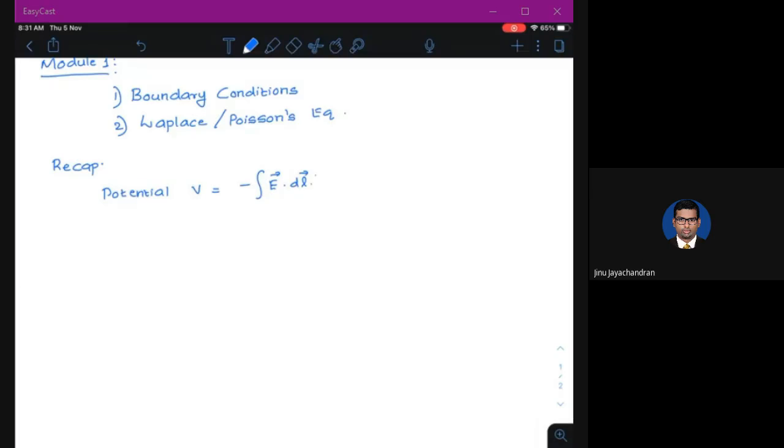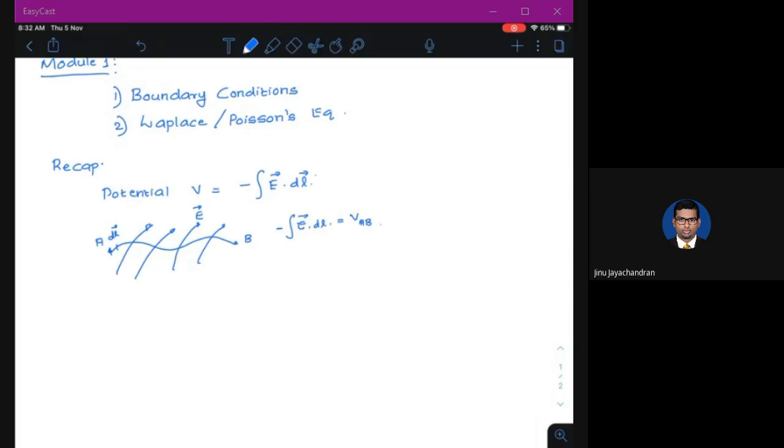Okay, and we said that if you have a path and there's a field crossing this path, and the path is from points A to B, if you want to find the work done in moving a charge from A to B, you consider small strips of length dl and you integrate the field E for each distance, E dot dl. And if the external field is doing the work, this will be a minus quantity, and this is the potential difference VAB.